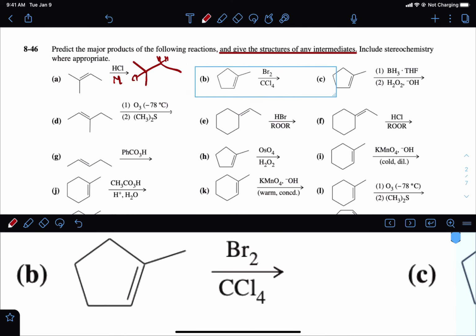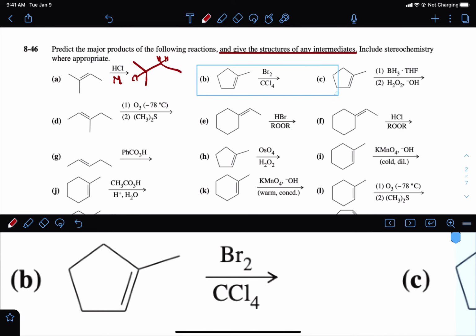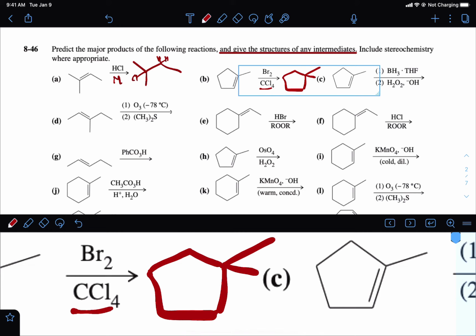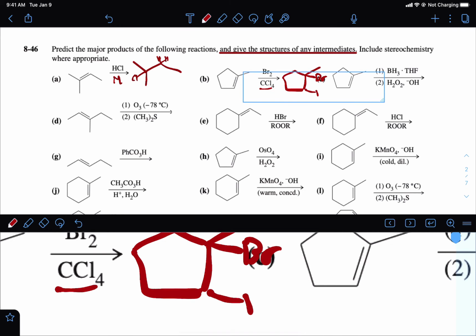All right, Br2, CCl4 is the solvent. Br2 adds the bromines across the double bond. So we have a bromine on one side of the double bond and the other side of the double bond. And remember, that mechanism makes that bromonium ring, which can be wedged or dashed.